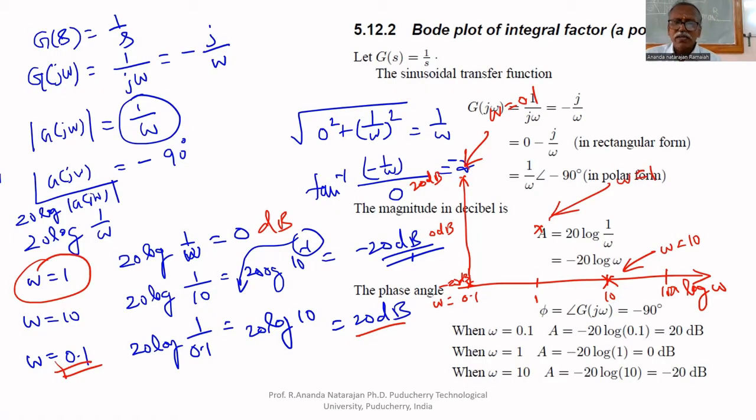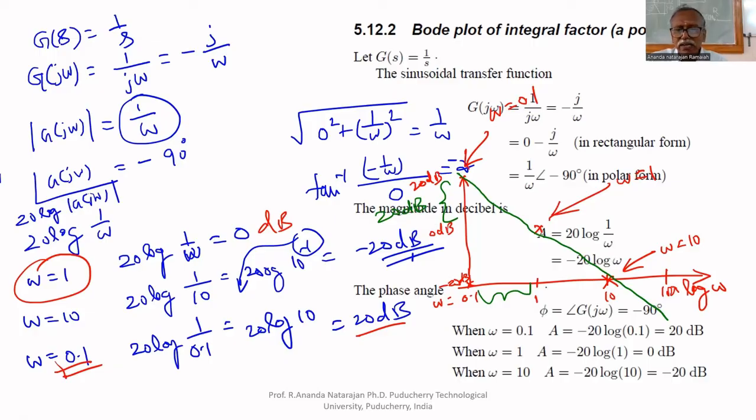So what are you getting? The plot is like this. What is the difference between 0.1 and 1? 20 dB. The magnitude change from 0.1 to 1 is 20 dB.